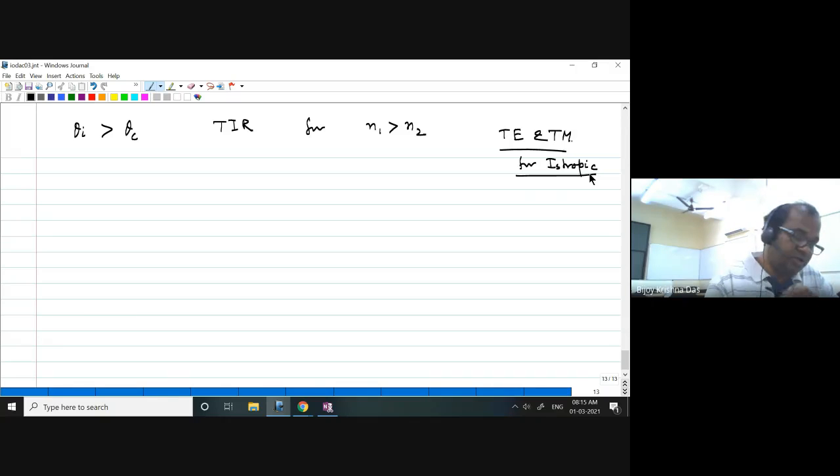All right, let us stick to this point here, because this is more important. When theta i is greater than theta c, what is the situation for theta t?